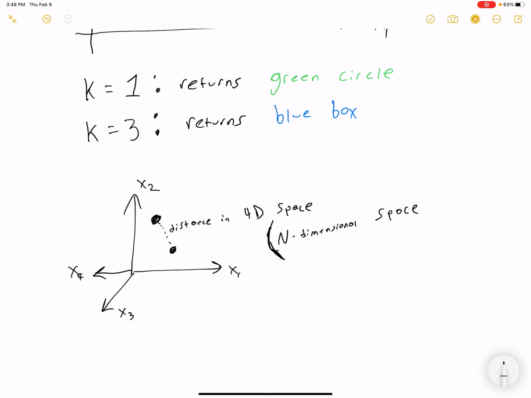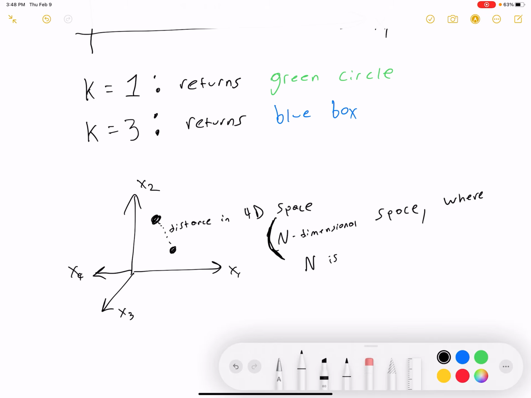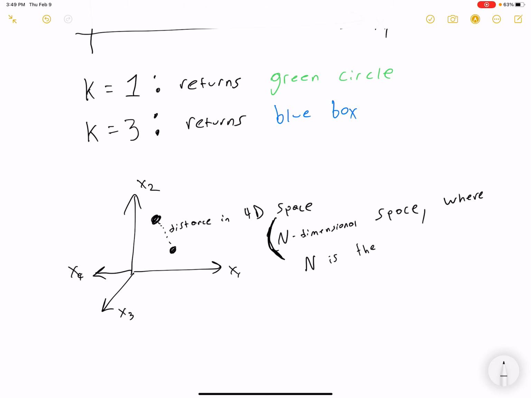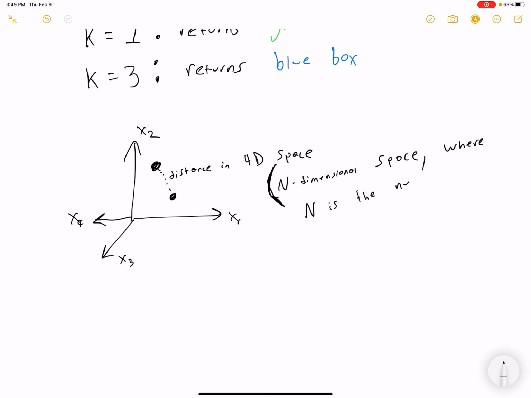This is a parenthetical: n-dimensional space where n is, the technical term is input dimensionality, but that's kind of redundant. N is the number of input features.